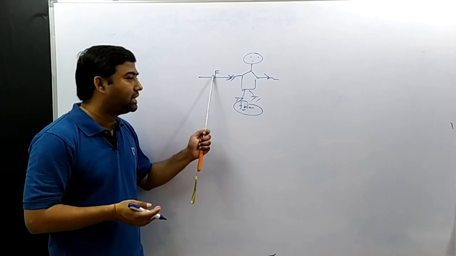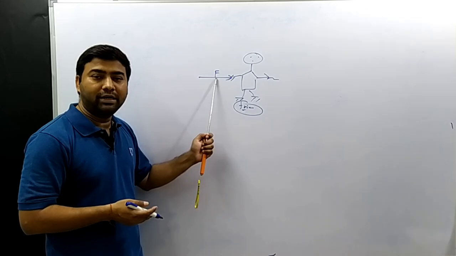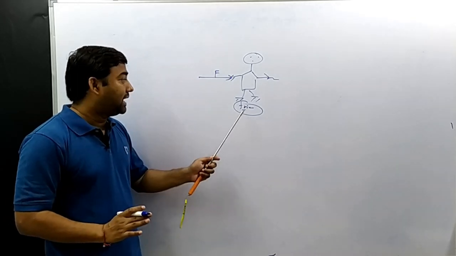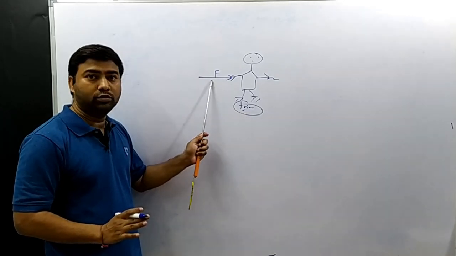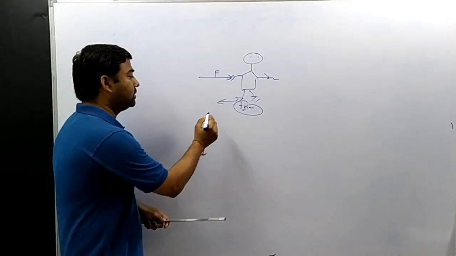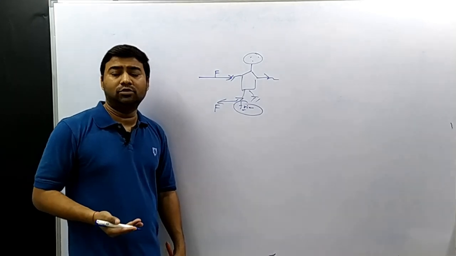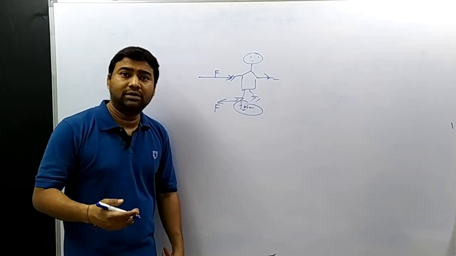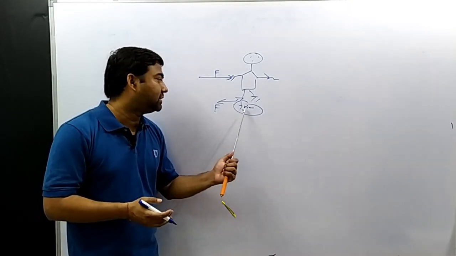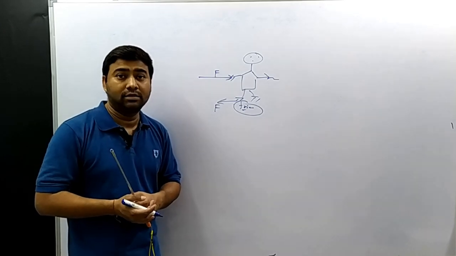When this force was not being applied, there was no friction force. When this force is being applied, this friction starts to exist, and this friction is opposing this force. So this friction force is acting in this direction, equal to F. Even though the person's configuration is not changing, a force has been generated. That is called friction force, when the external force is applied.